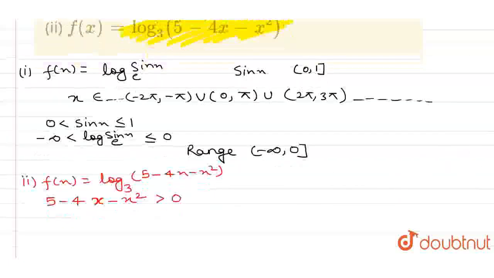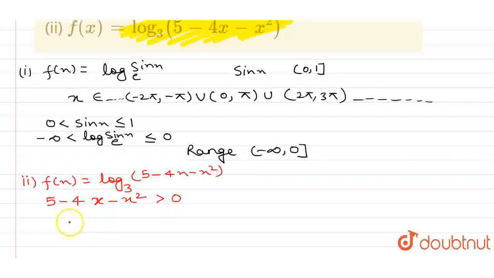So I can write here x square plus 4x minus 5 is less than 0. I take minus common and eliminate it, that's why the inequality sign gets opposite. So I can write x square plus 5x minus x minus 5 is less than 0.